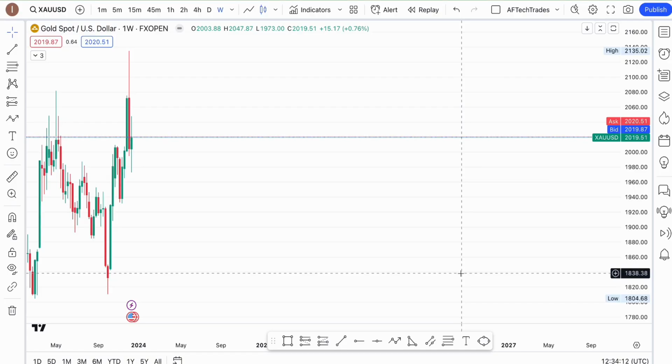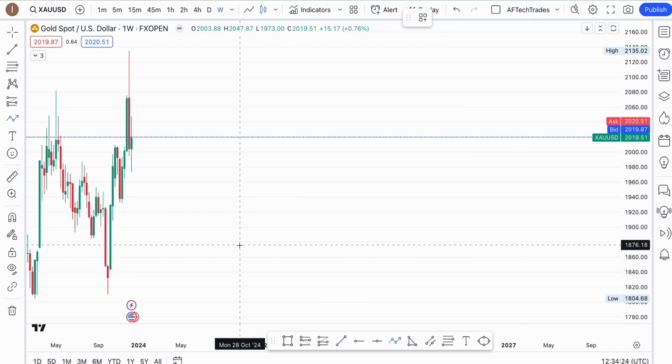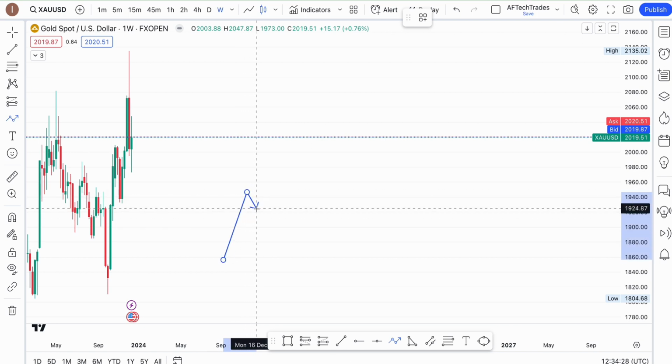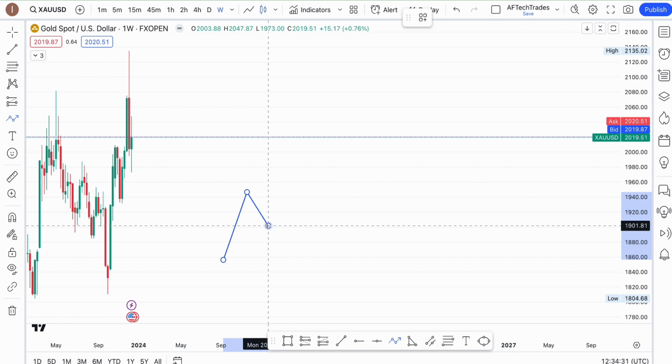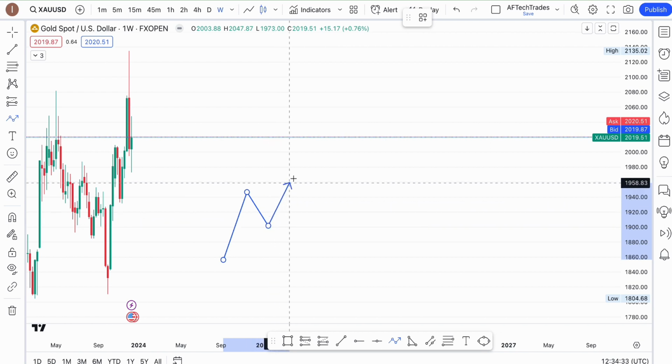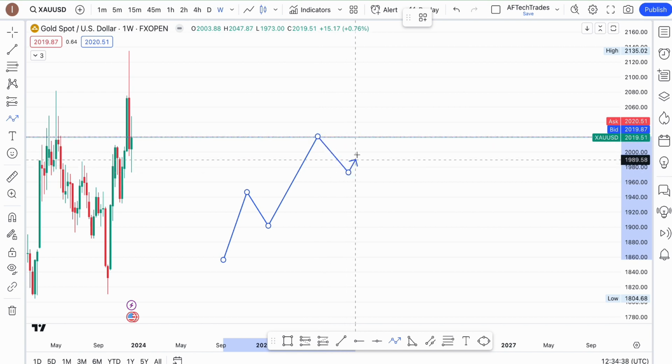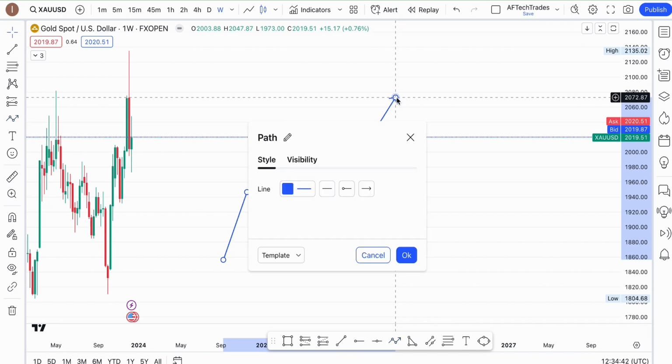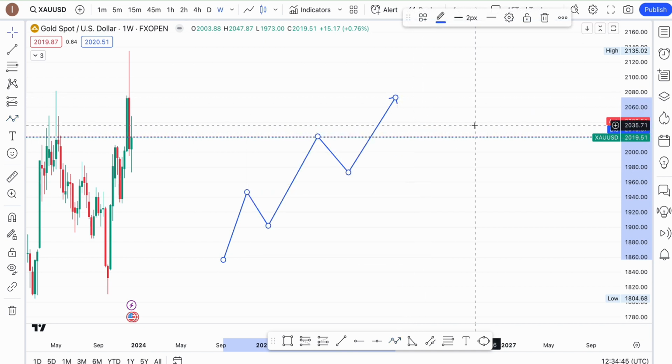So like I said, I want to make this video as easy as ABCD, right? So let's say you are in a trending market like this. Let's say in an uptrend like this, an impulse move, a pause, a pullback, impulse move, right? So let's say you're in a trending market like this.